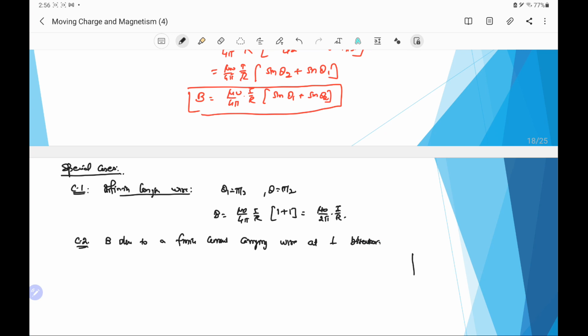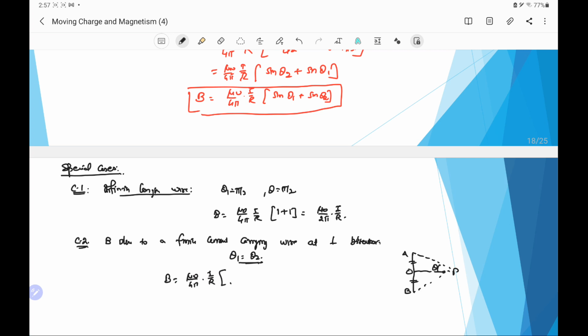That means if this is a wire and this is a point, this length is equal to this length, or we can say this PO is the perpendicular bisector of the AB. So in this case, theta 1 equal to theta 2, and we can write B equal to mu naught by 4 pi I by r into, and now what is theta?